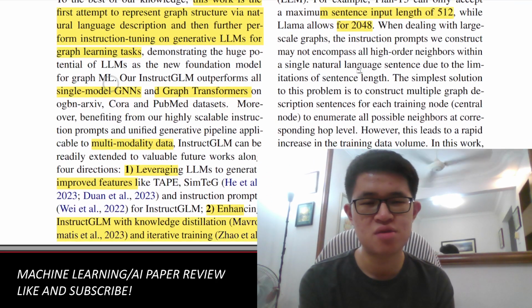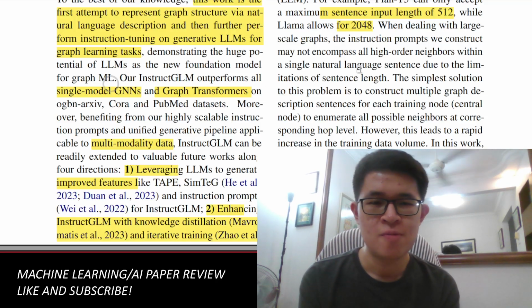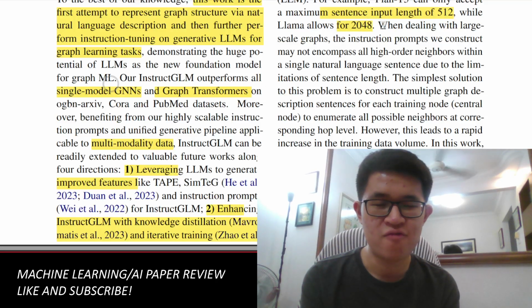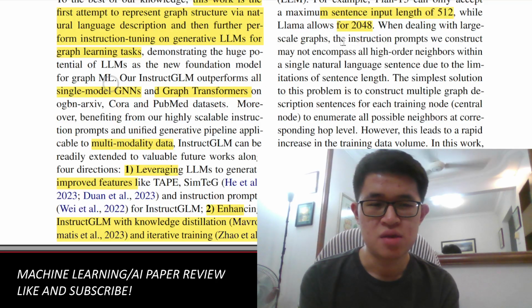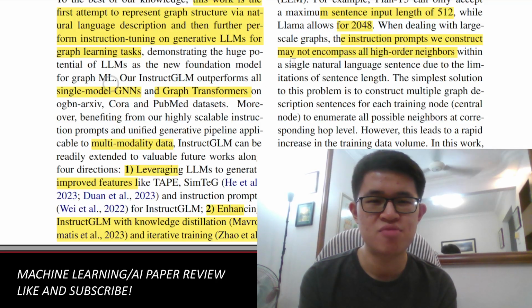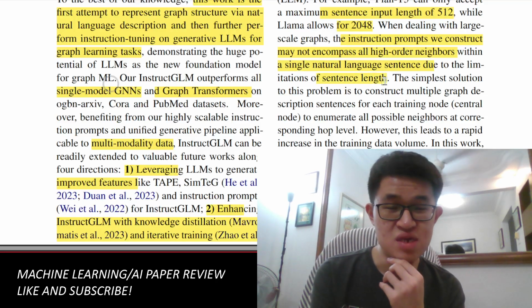It's still considered to be larger, but it's still kind of restrictive if you're dealing with a large graph. When dealing with a large graph, the instruction prompts that are created will not encompass all higher order neighbors within a single natural language sentence due to sentence length limitation.